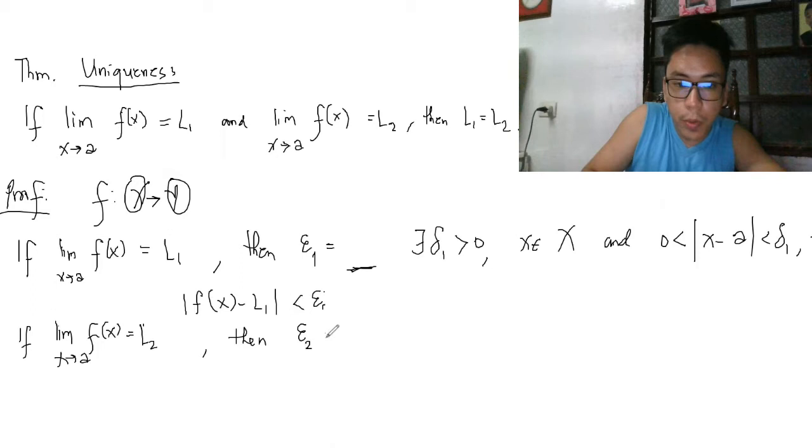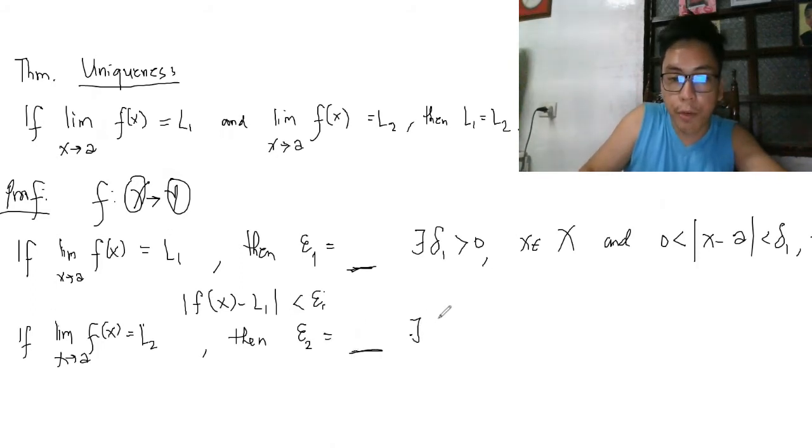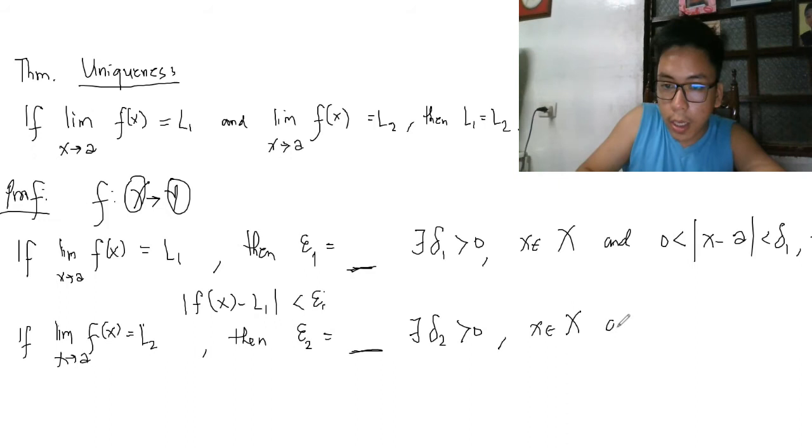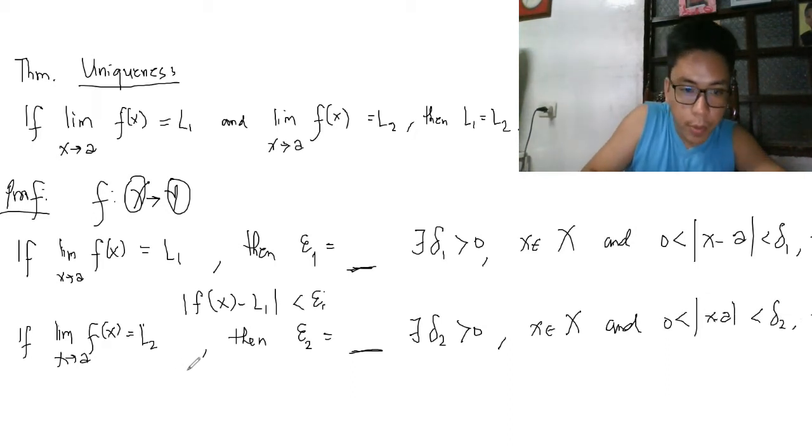You have epsilon 2, and in this case we also don't know what epsilon 2 is. Now for some delta 2 greater than 0, x in the domain, and 0 less than the absolute value of x minus a less than delta 2, you would also have this.